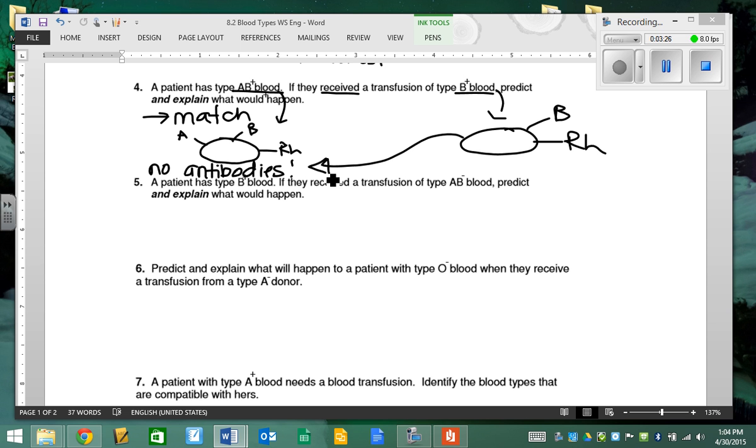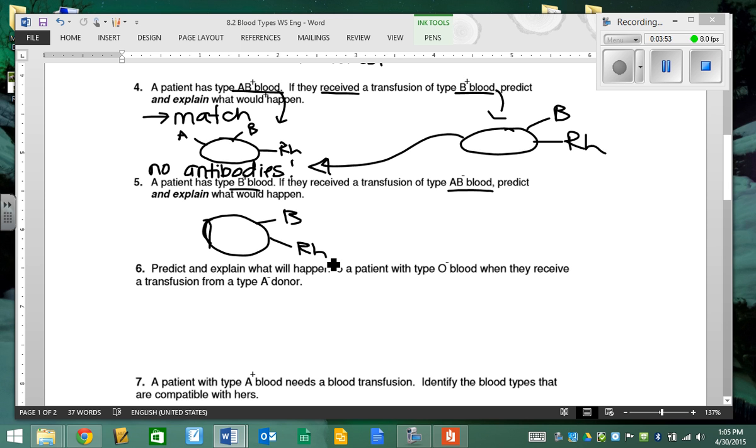Now the next question, someone with type B positive receives A negative or AB negative blood. Is this okay? Yes or no? I heard a no. The answer will be explained the same way. Here's my person with B positive blood.